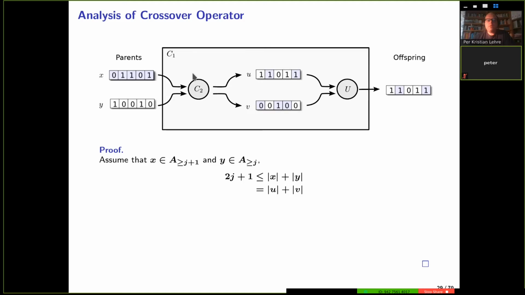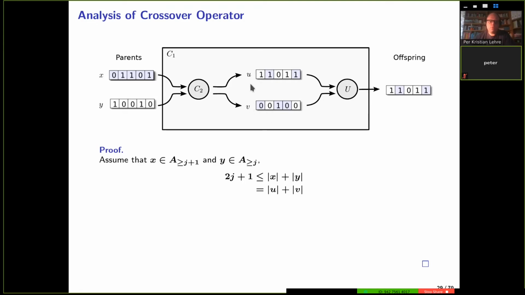Let's say now that instead of producing one offspring, we produce two offspring. The first offspring, u, will be produced as normal: we choose uniformly at random a bit from one of the parents. For example, for this offspring u, we have chosen this bit from the second parent. Now the other offspring v will choose the opposite bit.